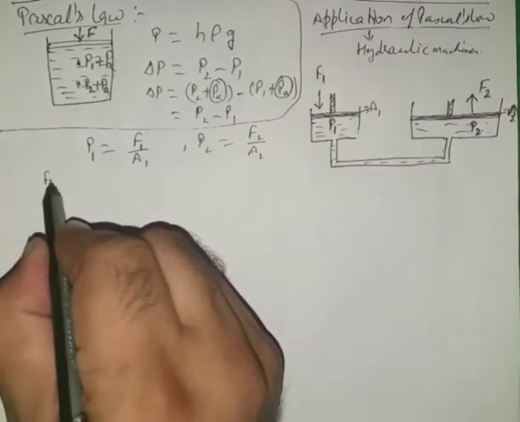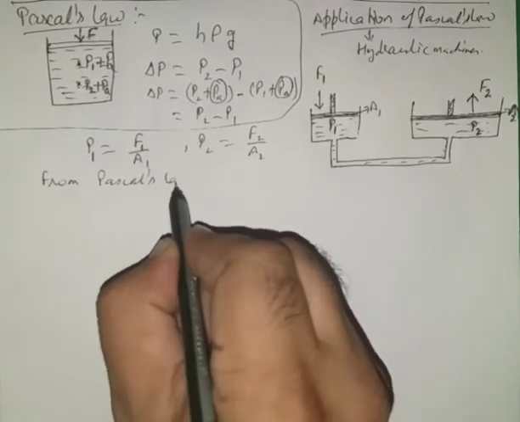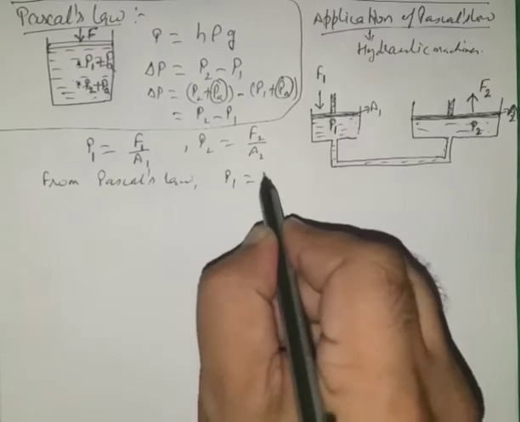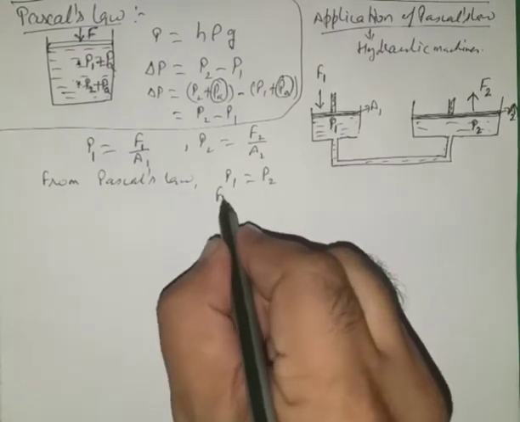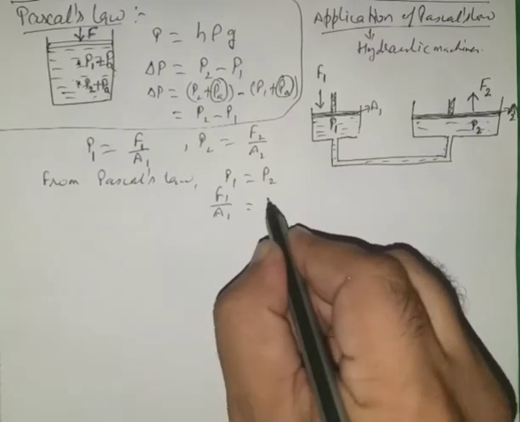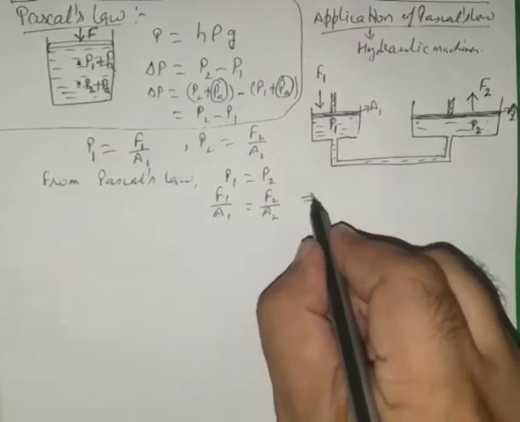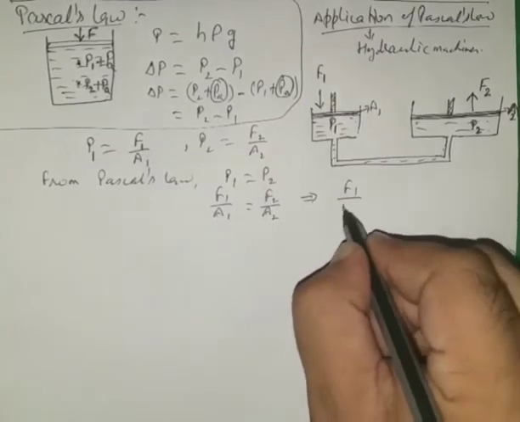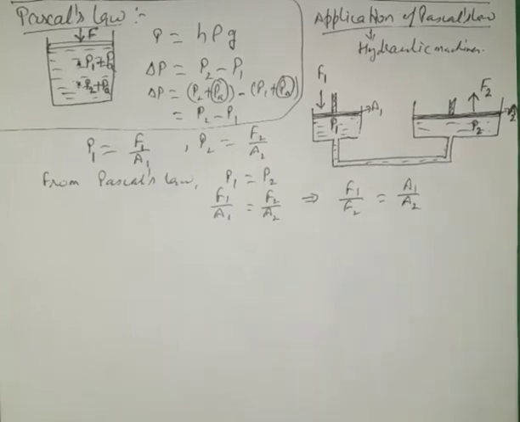So from Pascal's law, P1 equals P2, which means F1 over A1 equals F2 over A2. If I cross multiply these, then I will get F1 over F2 equal to A1 over A2.